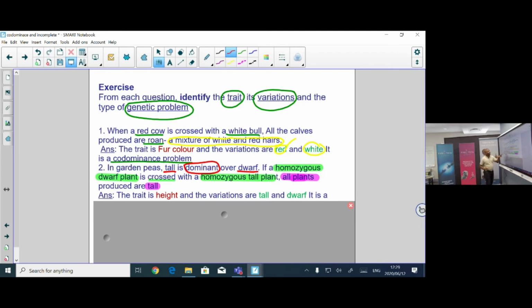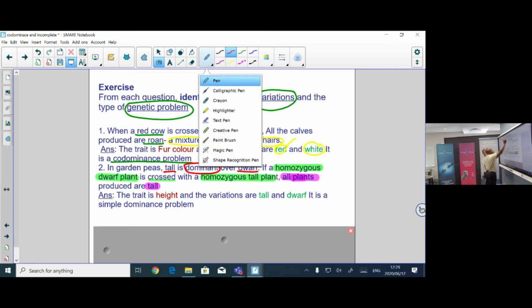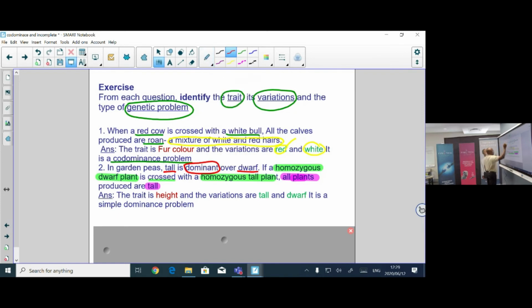Homozygous dwarf, homozygous tall. All plants are tall. So it's a simple or complete dominance problem.